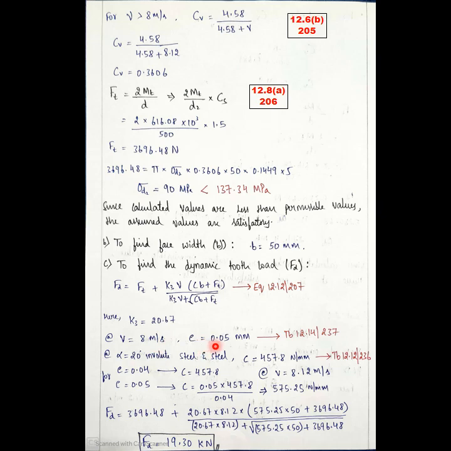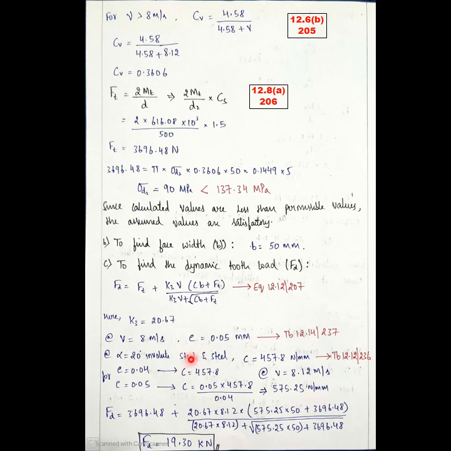To find e, the measured error in action between gears, if you go to table 12.14, that is page number 237, you can check the maximum permissible error. For the velocity of 8 meter per second, the error you will get is 0.05.